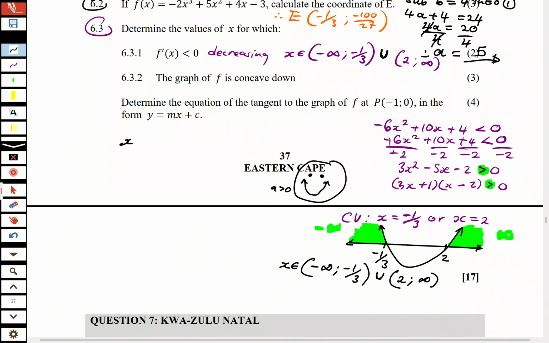Remember, when you solve for x, you say x is equals to 2 or x is equals to that. You don't say x is equals to 2 and x is equals to that. You say or. X can be 2 or x can be what? Remember, in maths, or is saying x can either be this or x can be that value. Understand? So now this will be your answer, guys.